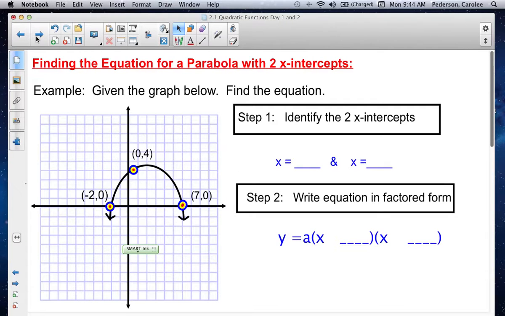Here's our first example. So we give you a picture of a parabola. The parabola opens down. It has two x-intercepts and a y-intercept given on the graph. And we want to find out what is the equation of this function.